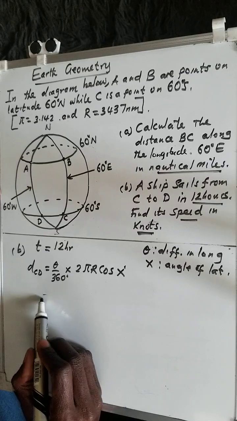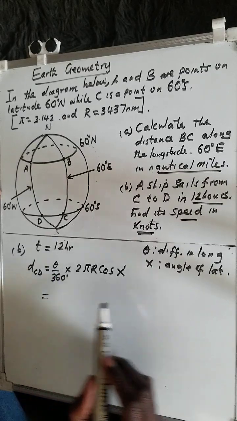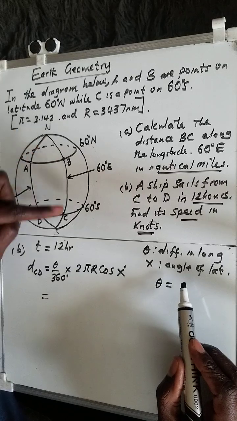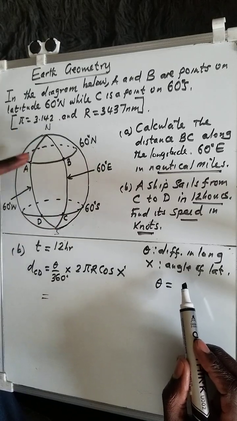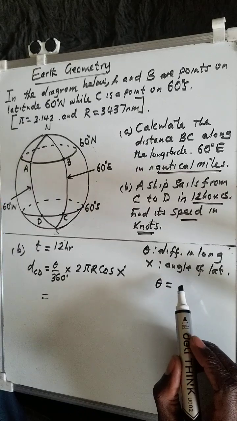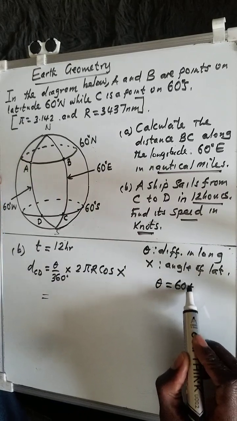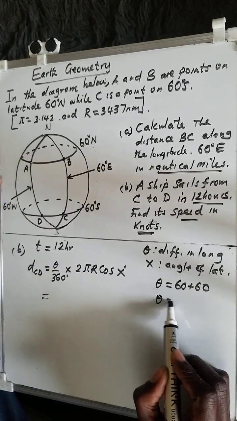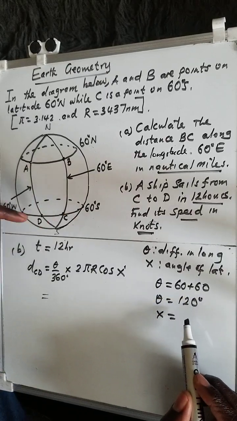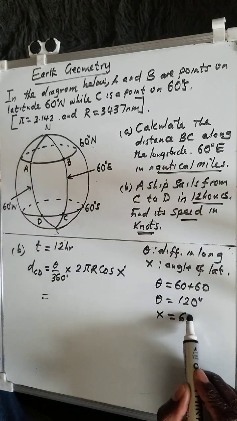So what is that going to give us? My theta, in this case: C is on the longitude 60 degrees east and D is on the longitude 60 degrees west. So on different sides of the Greenwich meridian we add. So 60 plus 60, my theta will give me 120. And what is x? The latitude on which they align, it is 60 degrees.